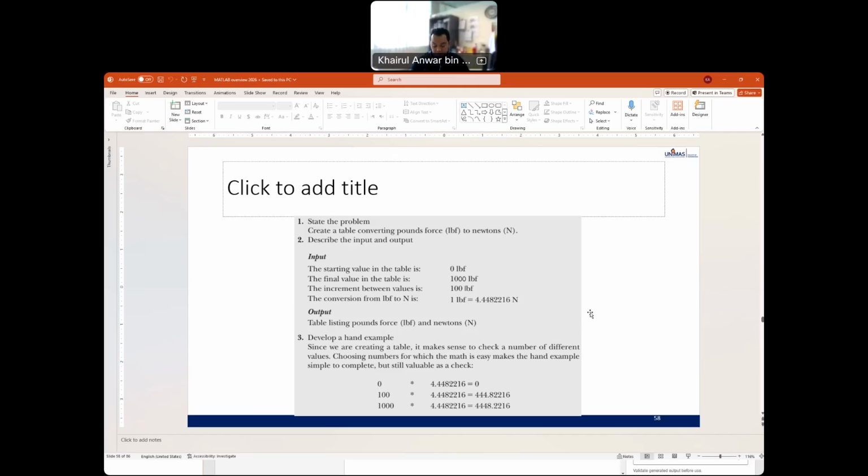Develop an example. Since we are creating a table, it makes sense to check a number of different values, choosing numbers for which the method is easy to complete.